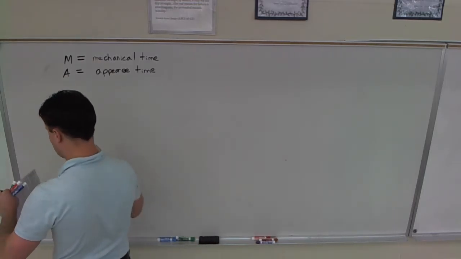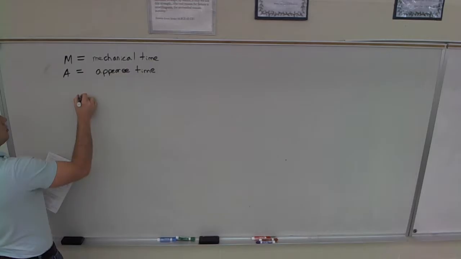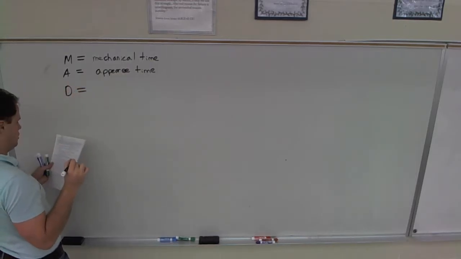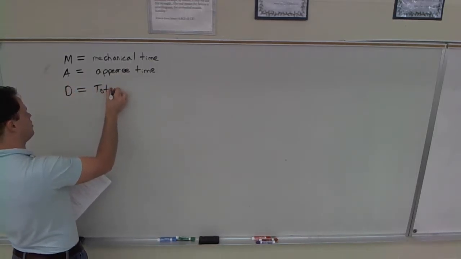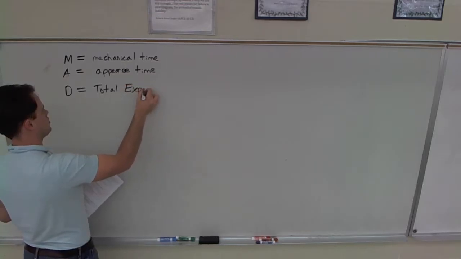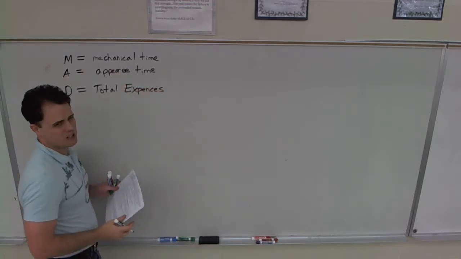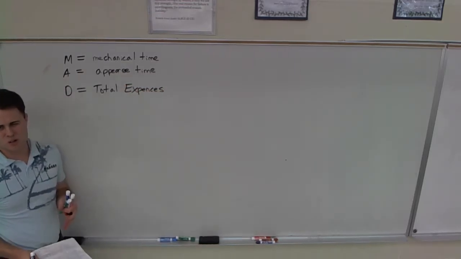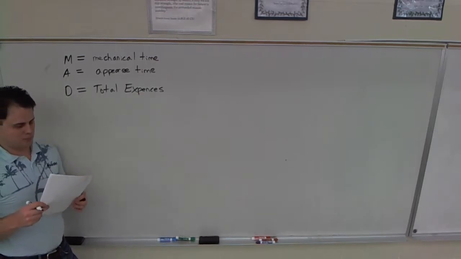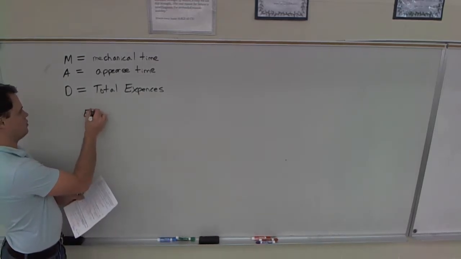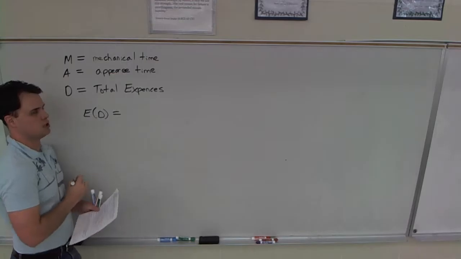You might have to feed them back to me in a second. So I'm going to say D is total expenses. I didn't want to use E because E is expected value and it's going to get confusing with all the E's going on. So total expense. Expected value of D. What's that going to be?